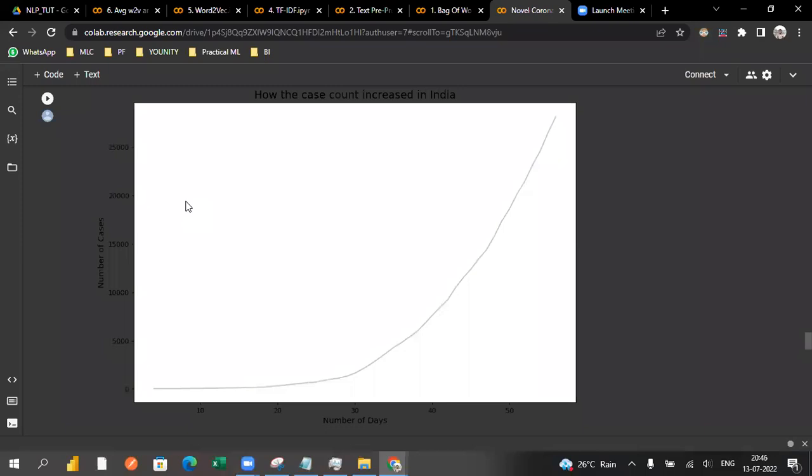You can see the number of cases slightly increases after 30 days, and then rapidly increases. It is almost a peak of a probability distribution. You can say this is the first standard deviation, and this is the second and third standard deviation. Maybe it peaks around the mean value, and then gradually decreases, right?